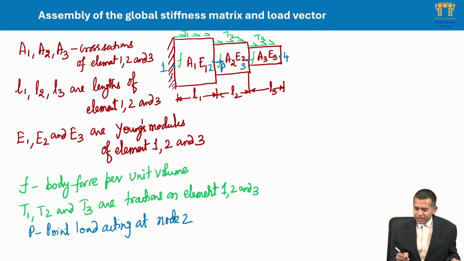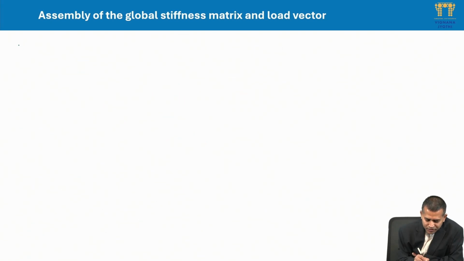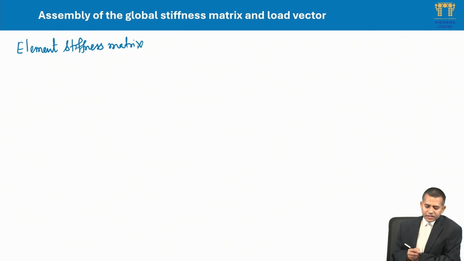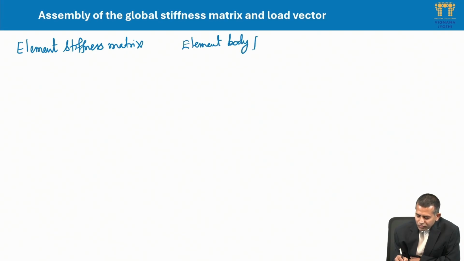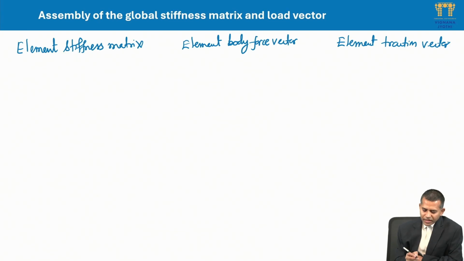So for each element, element 1, 2 and 3, we will write the element stiffness matrix, then the element body force vector, then the element traction vector.